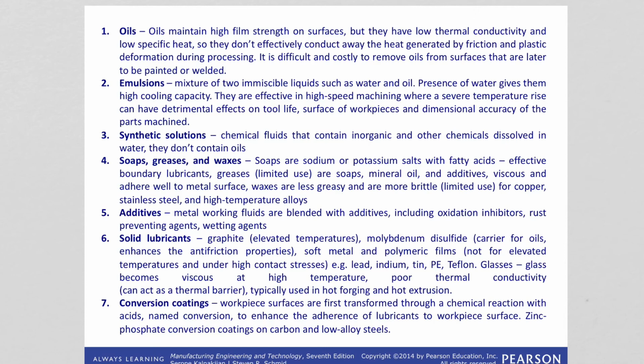They are effective, therefore, particularly in high-speed machining operations, where there is a severe temperature rise, which can have detrimental effects on tool life, surface integrity of workpieces, and dimensional accuracy of the parts that are being machined.